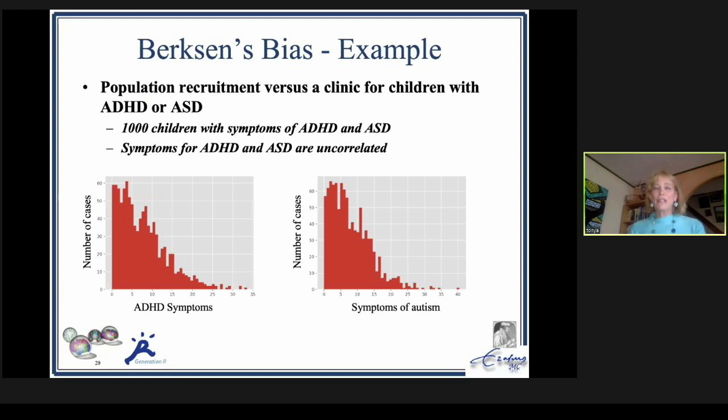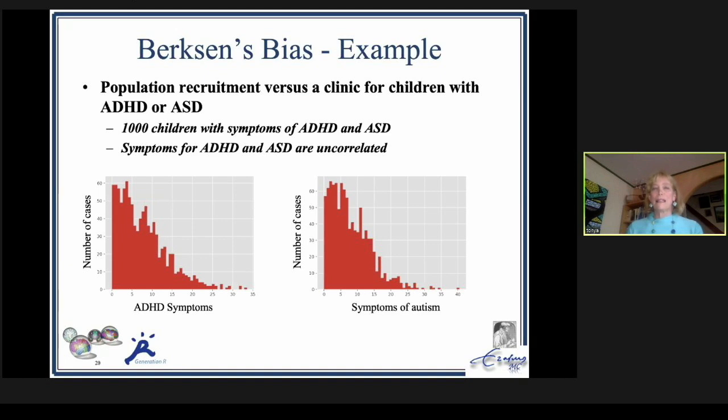So let's say you have a clinic that recruits children with either ADHD or ASD. And you look at 1,000 children with symptoms of ADHD and ASD. Now, what I did for this simulation, and this is something that you can do for simulations, is I made it uncorrelated.